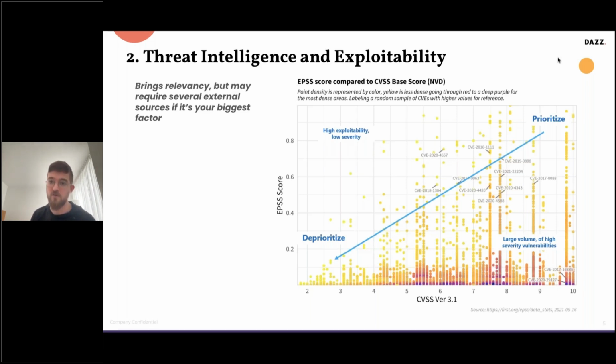Because if in the first scoring system we think about the technical significance of that vulnerability, here we're actually talking about the entire market in the attacker ecosystem that may pick up that vulnerability.